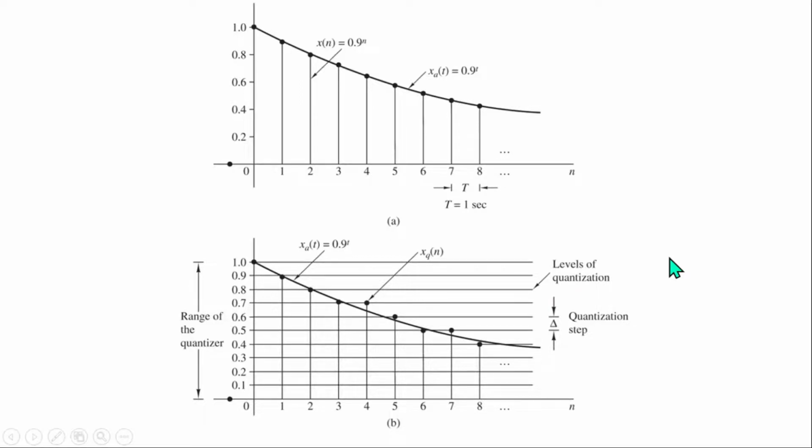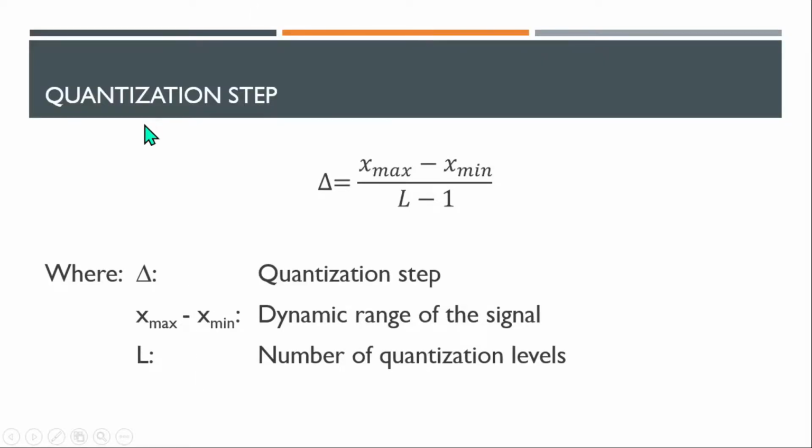Quantization can be done through truncation or rounding. To determine the quantization step, we will use this equation: delta equals x sub max minus x sub min all over L minus 1, where delta is the quantization step, x max minus x min is the dynamic range of the signal, and L is the number of quantization levels.